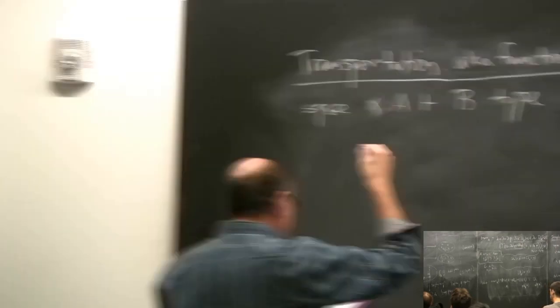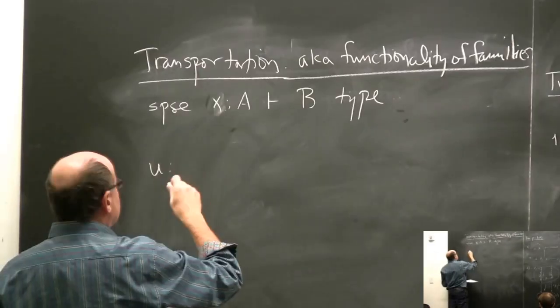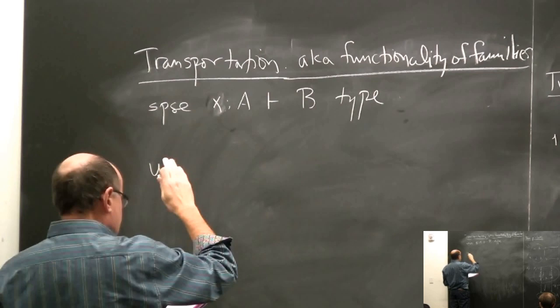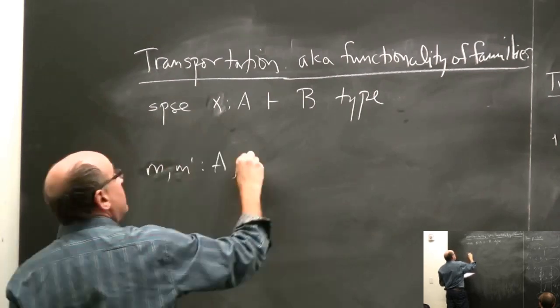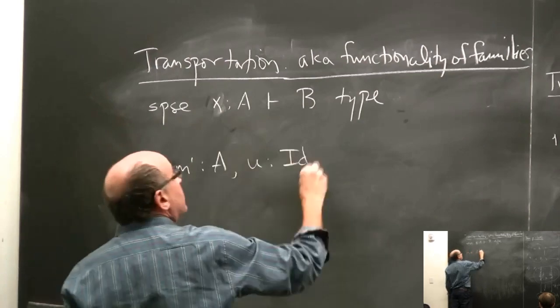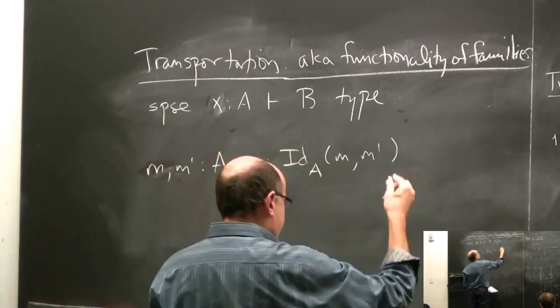So given, with the following property. So let me just get my notation down here. Okay, so I have M and M prime in A. I have U, which is an identification of M and M prime.